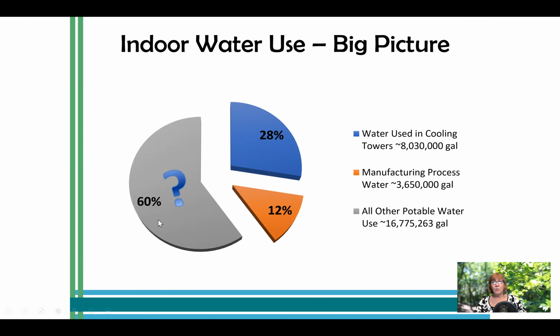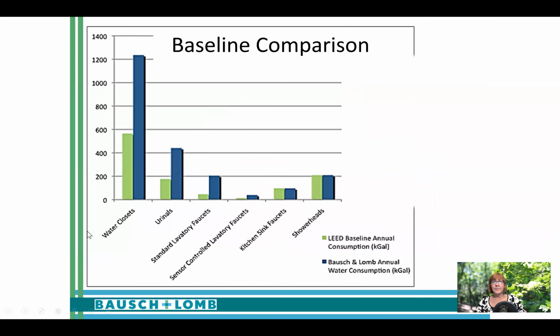And her point was that 60% of the water use there was totally unknown. They knew what was used in the cooling towers and what was used in the manufacturing process. They had no idea what 60% of the water use was. That was an important point to make.